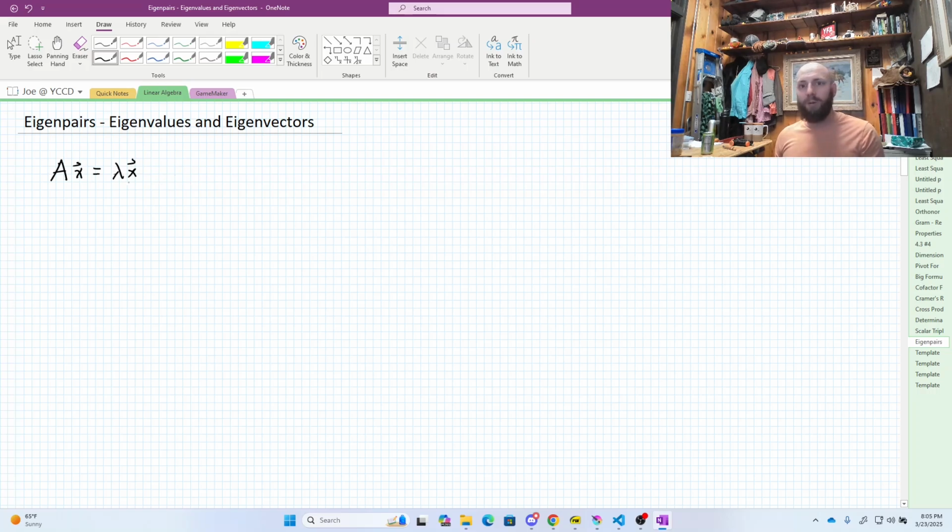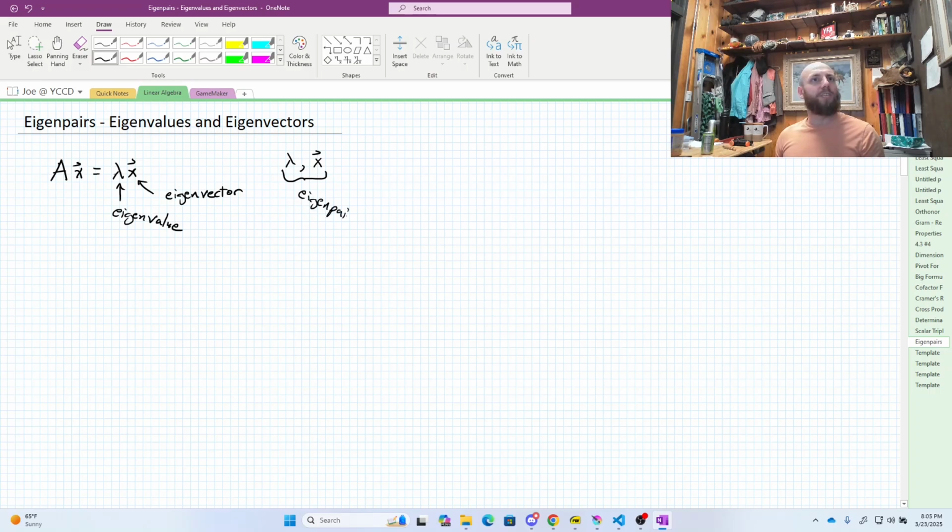First I'm going to do a little vocabulary. An x like this is called an eigenvector. And the lambda here is called an eigenvalue. And then personally, I have a habit of calling lambda and x together, this quantity here, an eigenpair.